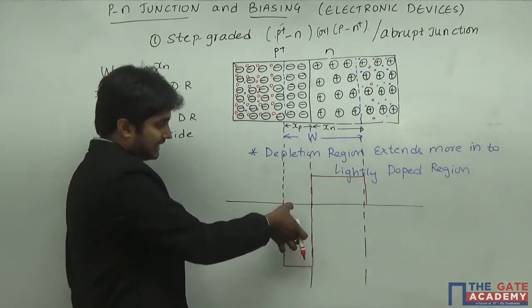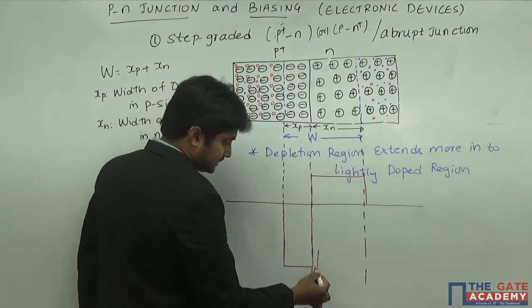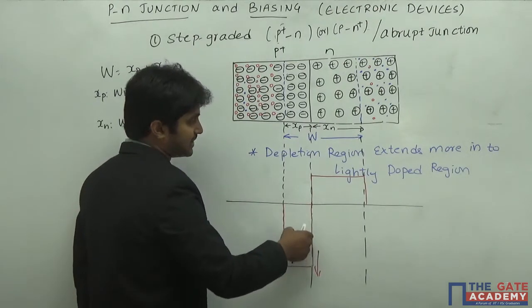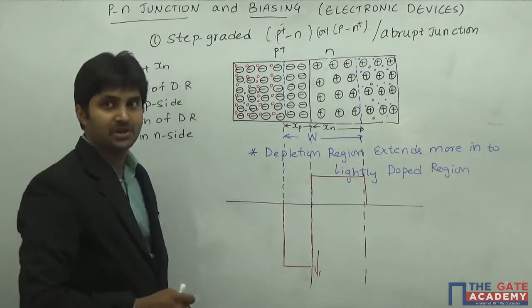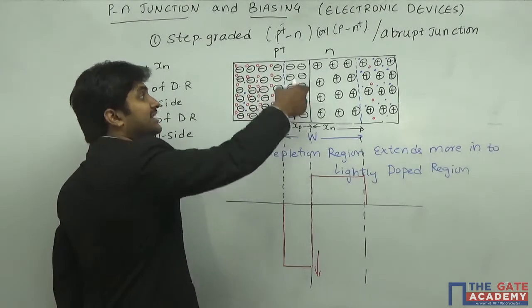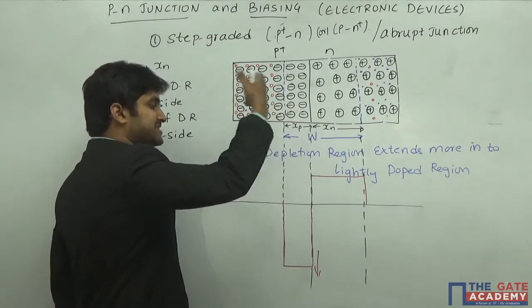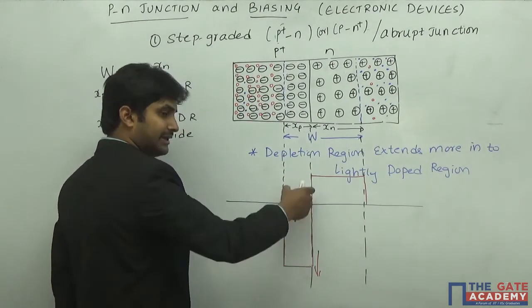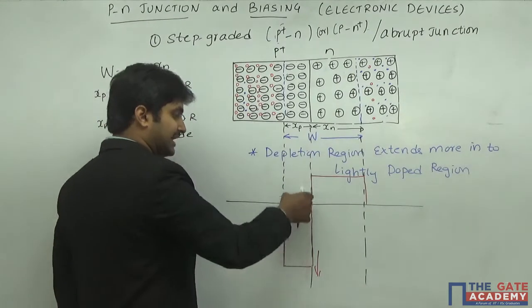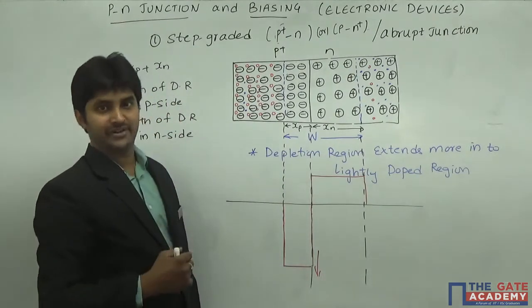Now if you see, the height or depth that I am drawing here is higher inside the P region when compared to the N region. The reason for this is very simple: you are going to have the higher concentration. So to represent that, I am drawing with the greater depth or height. The depth here indicates the doping level.